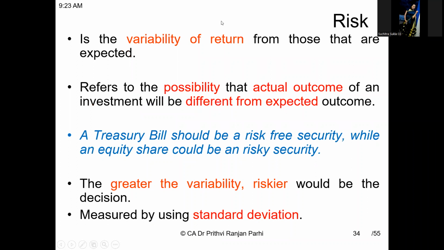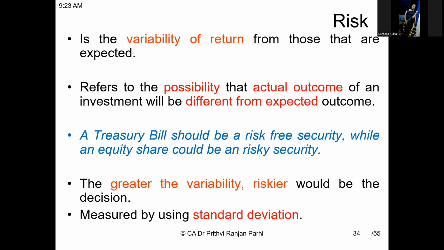So risk is the variability of return. Risk refers to the possibility that the actual outcome may be different from the expected outcome. What you are getting and what you are expecting, if they are different, you can say there is a risk. Suppose you are depositing money in the bank and you are expecting 6% return and you're getting 6%.